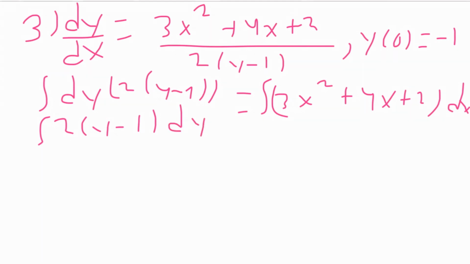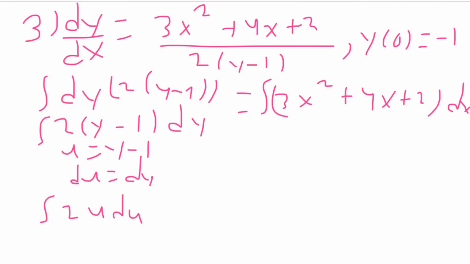So let me write this a little more clearly. Now we can use u substitution. You don't have to use u substitution, but if you don't, you can't really solve for y in the end. So we're going to use u substitution because the problem goes a lot nicer. We're going to say u is equal to y minus 1. du is just dy. So this becomes 2u du, which is just u squared over 2.